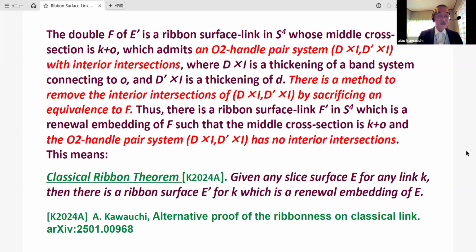This means a classical ribbon theorem, which says given any slice surface E for any link K, then there is a ribbon surface E' for K, which is a linear embedding of E.